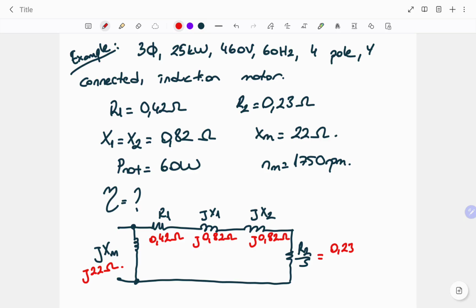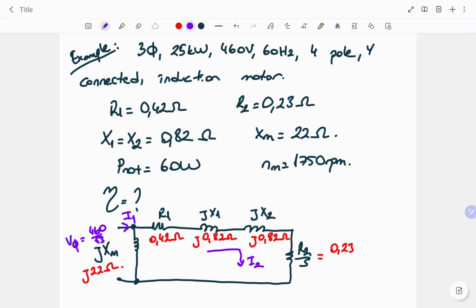In addition to that, our input voltage to the system per phase must be 460 volts divided by square root 3 because of the Y connection, and the input current flowing through the circuit is equal to I1, and for the remaining part of the circuit we have I2.